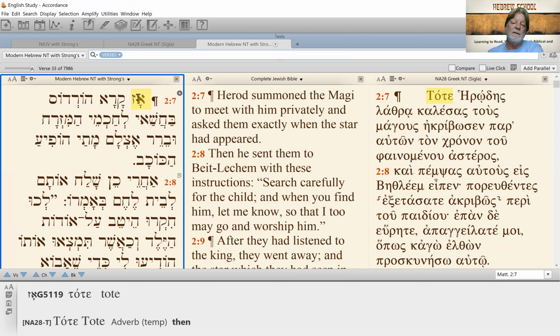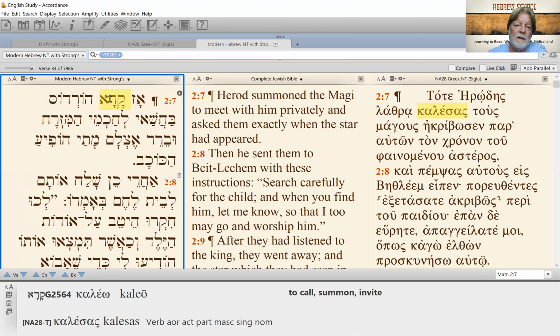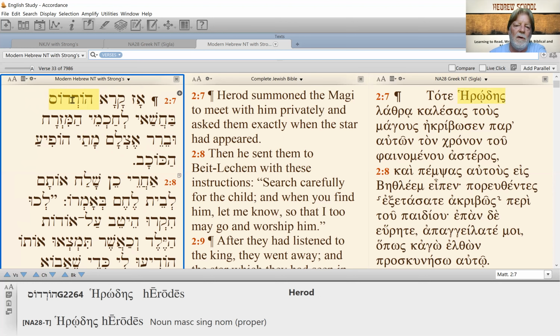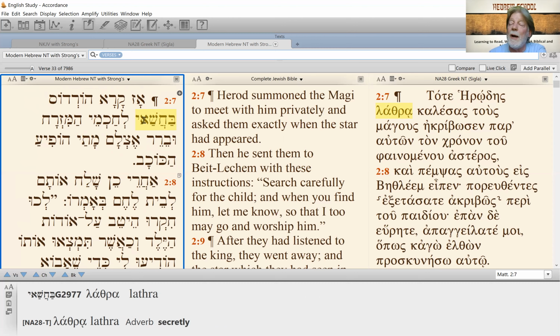Then, kala, called or summoned, Hordos, Herod, B'chashai. We've got a bait prefix, which means in, and chashai means kind of like secretly, quietly, so everybody didn't find out about it.